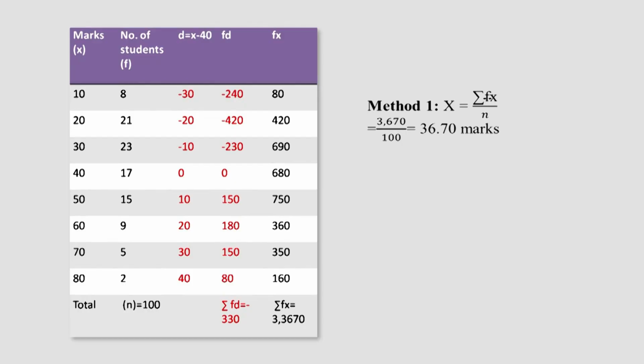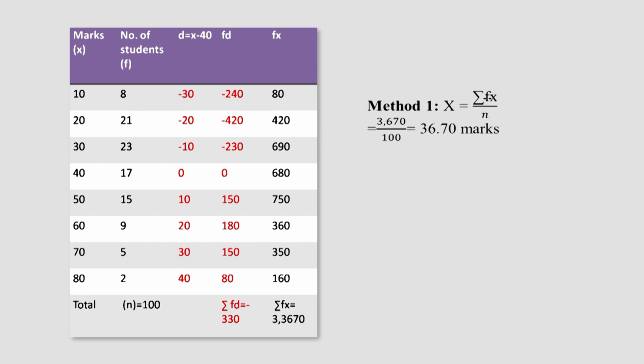Now, when we are trying to calculate the simple arithmetic mean for this data set, how do we calculate it? Here we would say that mean x bar is equal to summation fx, or you can also call it sigma fx, which is basically the sum total of fx, upon n.